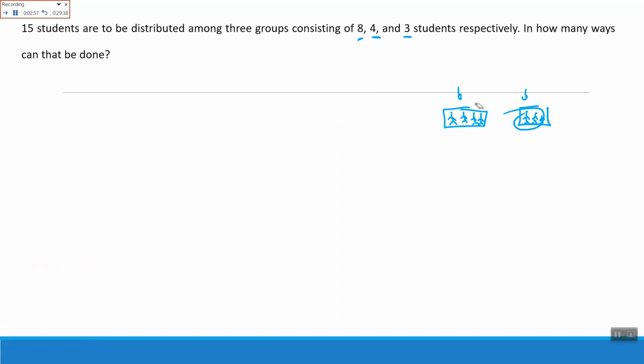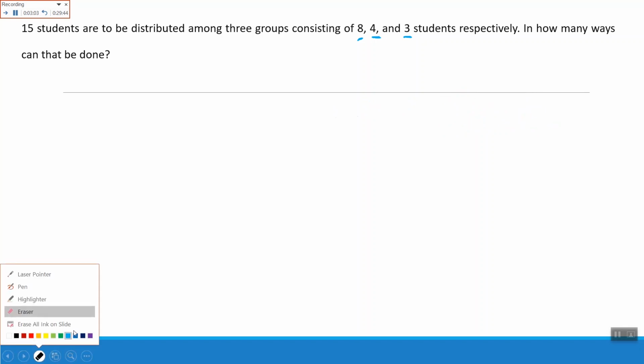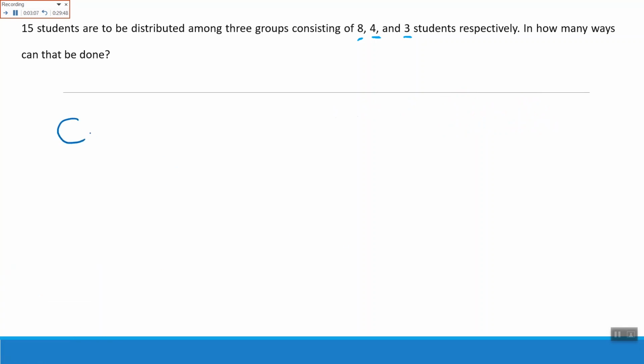And whenever we have a mixture of the two, there are 2 ways to do it, or 2 approaches. It's exactly the same as the previous question. So the first way to do it is, you say it's a combination of 15, you take 8 out of them, and then if you take 8 out of 15, you still have 7, you take 4 out of them. If you take 4 out of 7, you get 3, and you select the 3.